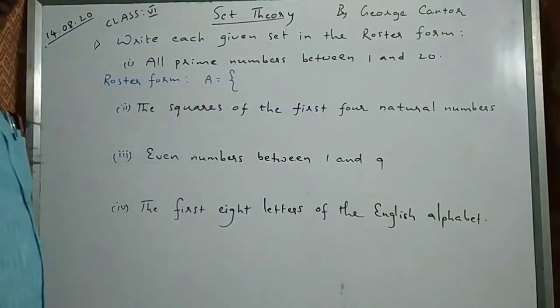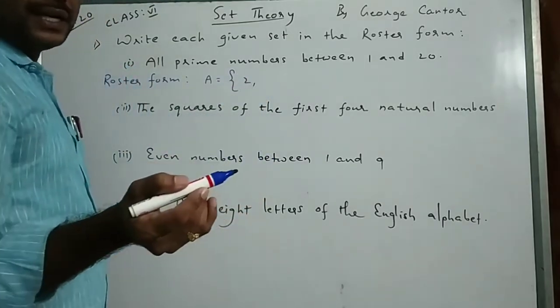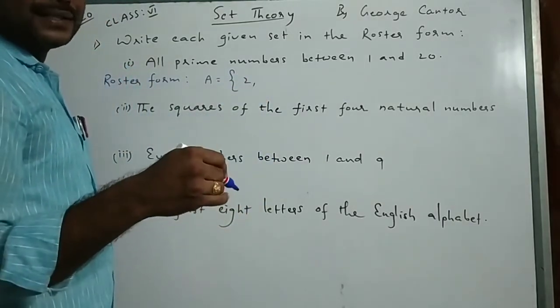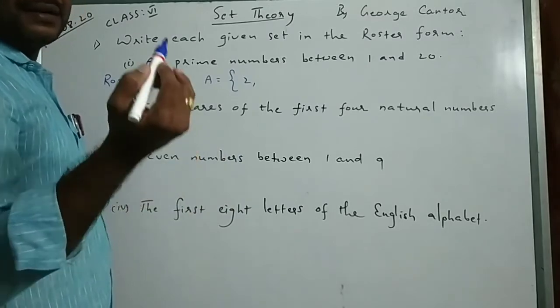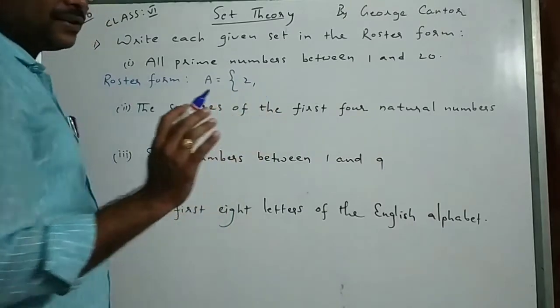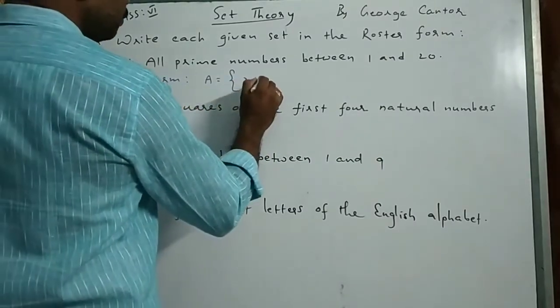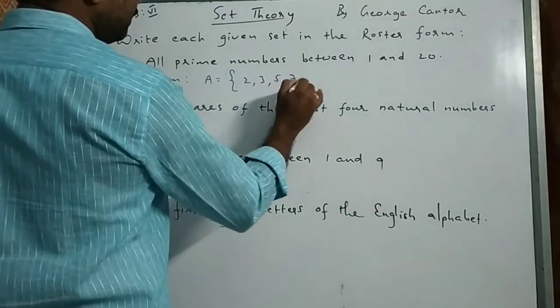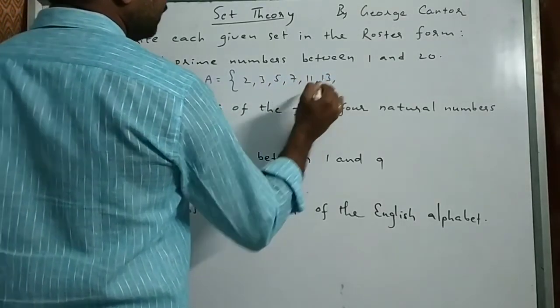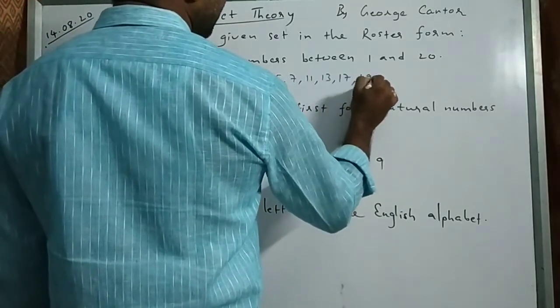That you should know. What are the prime numbers? Prime numbers means what did I tell you? Numbers which have 1 and itself as factors. So 2. There should be no other common factor other than 1 and itself. 2, 3, 5, 7, 11, 13, 17, 19.